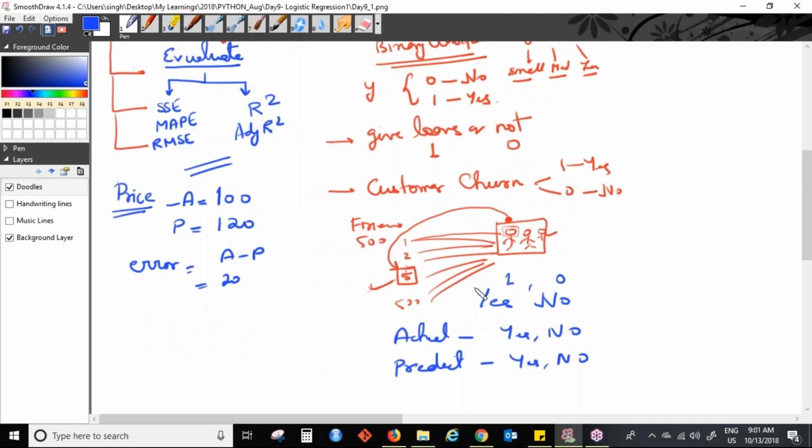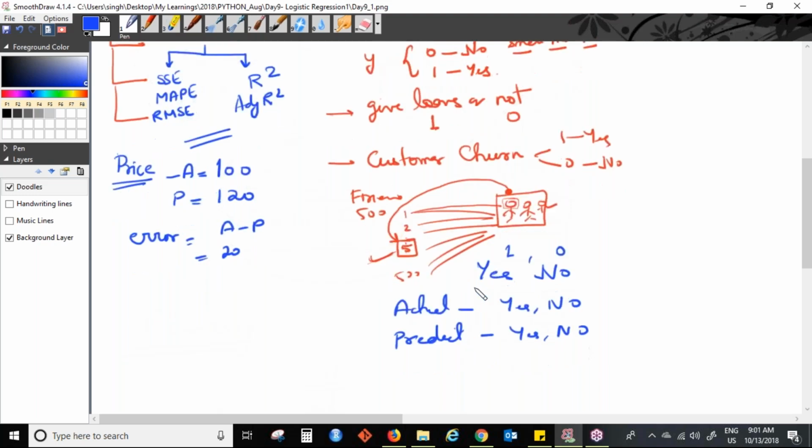Now here also you can make errors, of course, but what errors will you make? If this is the actual and this is your predicted, one error you can make is if it is actually a yes, you predict a no. The other error is if it is actually a no, but you predicted a yes. So these two kinds of errors you can make.